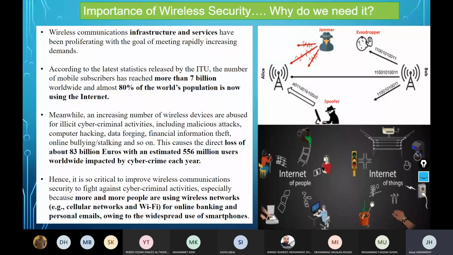What about reliability? Of course, when you come to reliability, wireless networks, due to the nature of the wireless medium, don't have the same reliability as wired networks. Wired networks don't have these phenomena of the wireless medium, like fading, path loss, and blockage.